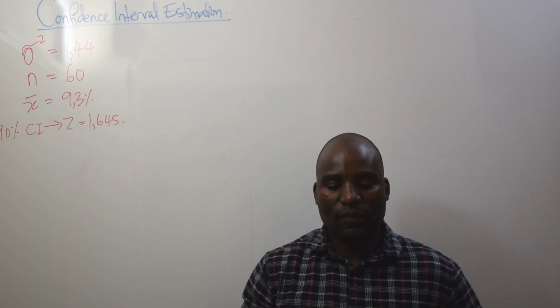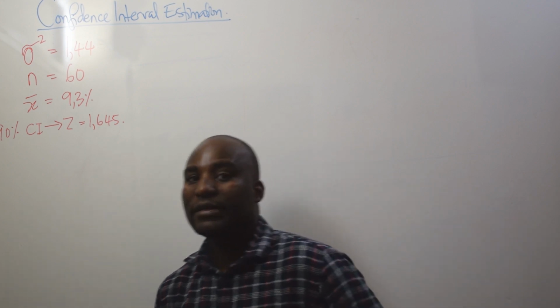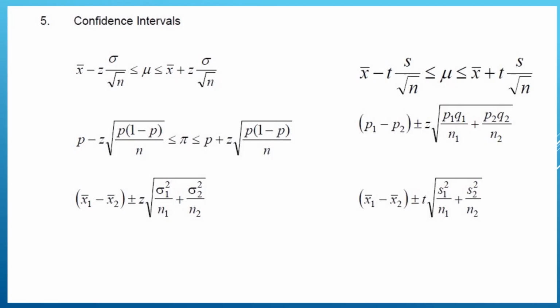Alright, so if you go down to your formula sheet, you should find under number 5 the confidence interval formula. You select the one that speaks to one population and also one that is quantitative. So what you're going to do now is write down the formula.